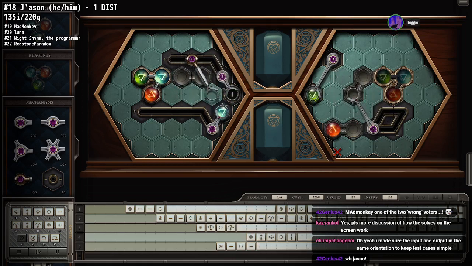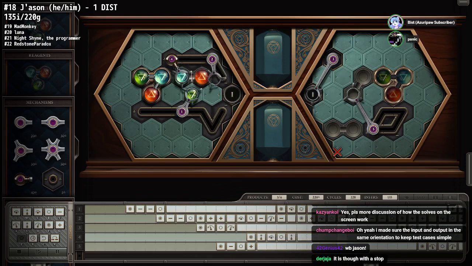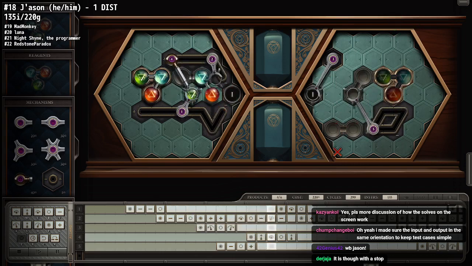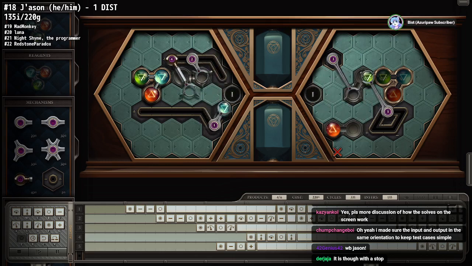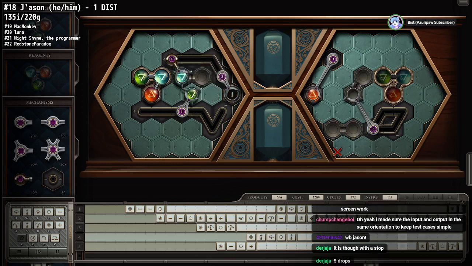I see 2, 3, 4 drops. 4 drops. Exciting. Oh no, 5. There are 5 drops. It is with a stop. I guess I've been pronouncing it correctly in my head. Oh yeah, Arm 4 sneaks in there.